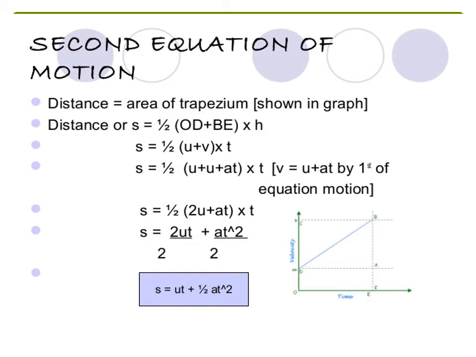Now the second equation. See the diagram. From the graph, the distance covered by the object during the time t is given by the area DOEB. We are taking a trapezium.